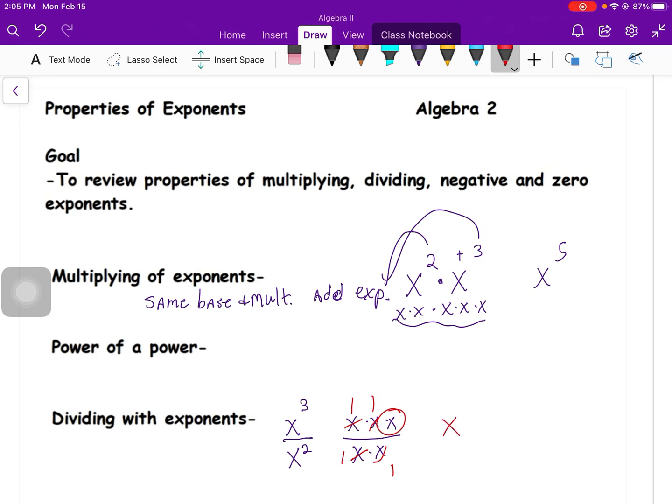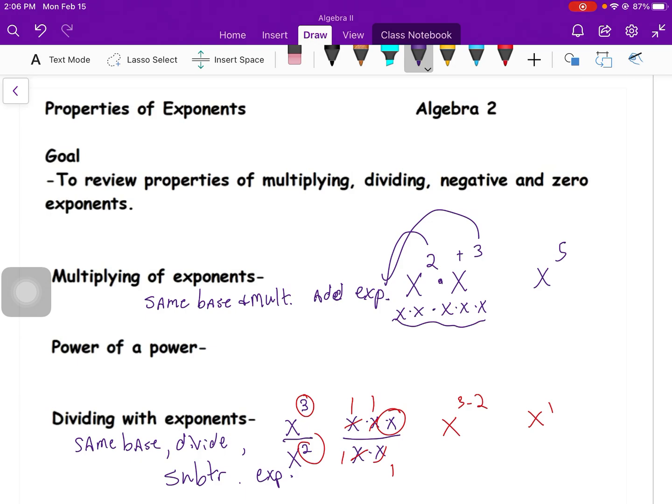Or I could take this exponent of 3 and 2, subtract them, and that's how I get x to the first. So when I'm dividing and they have the same base, I get to subtract the exponents.